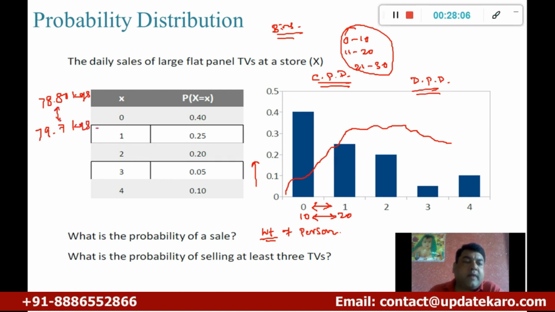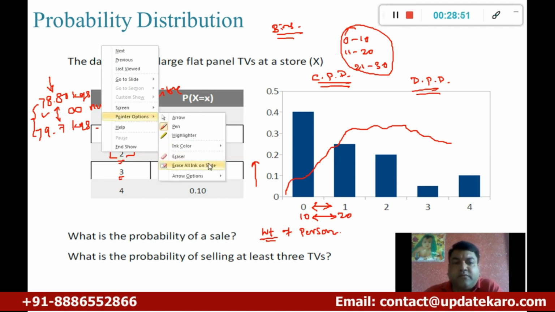There are infinite numbers possible between these two numbers, whereas here no number is possible between these two numbers. Why? Because this is talking about the count of televisions. After one television we can have two televisions or three televisions. We cannot have an in-between number over here, whereas here it is a possibility. And that is why, if I want a continuous probability distribution, I need a random variable that is also continuous in nature.